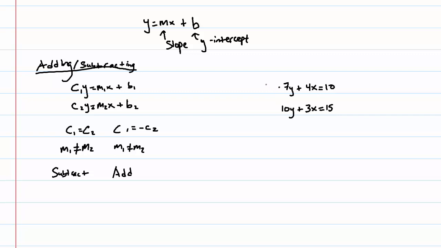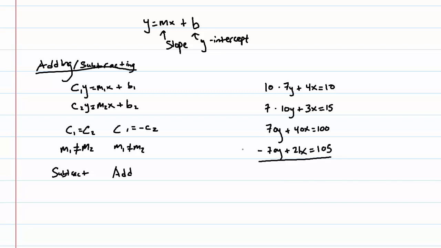Let's do y. We'll multiply this equation by 10, this equation by 7, and from here, we can rewrite our equations as 70y plus 40x equals 100, and 70y plus 21x equals 105.